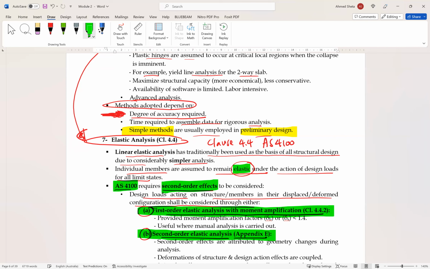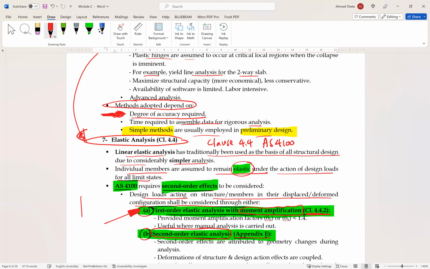The first one is first order analysis with moment amplification factor, clause 4.4.2, or second order analysis in Appendix E. We are focusing on the first one, first order analysis with moment amplification factor.